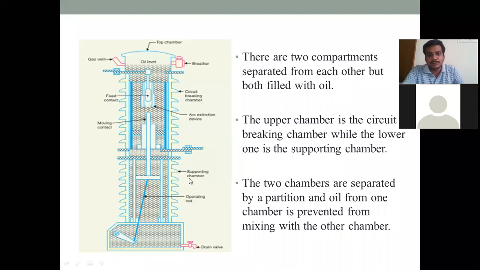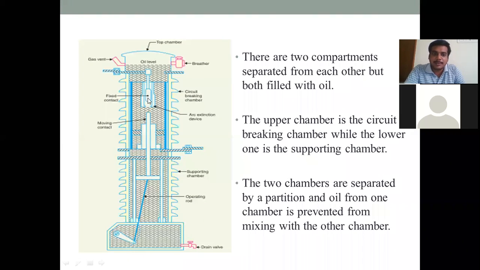In the upper chamber you will have the fixed contact, and the moving contact will also be present. The third one, the top chamber, contains the breathers, the oil level indicators and gas vents. These are the parts present at the top chamber. These two chambers are the most important.